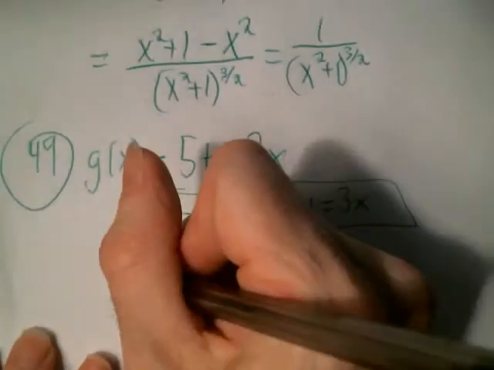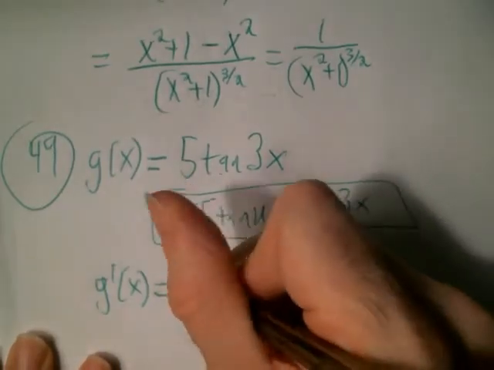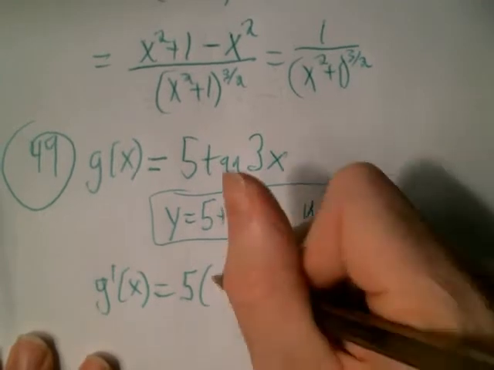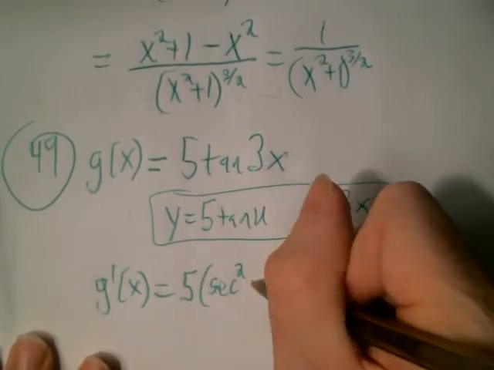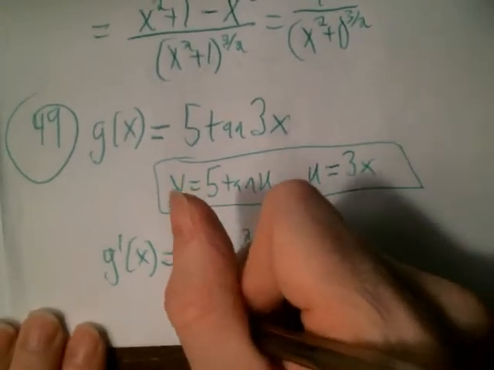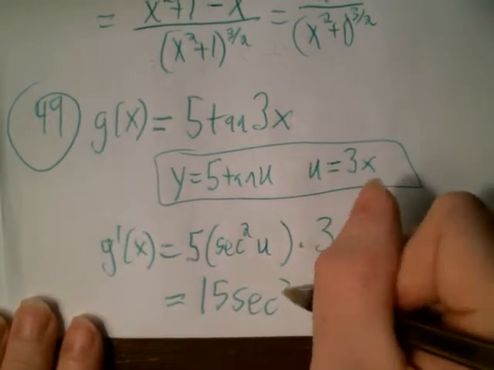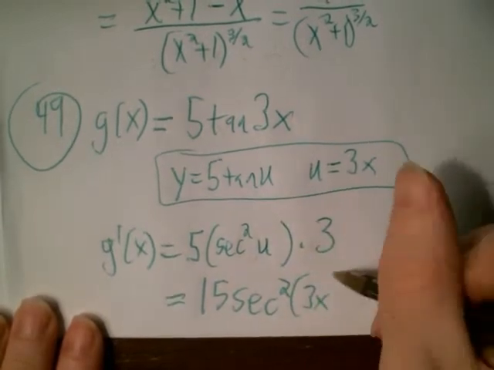So taking the derivative, g prime of x, the derivative of 5 tan u is 5 times the derivative of tan, which is secant squared u, and then times the derivative of u, which is just 3. 5 times 3 is 15, and then we have secant squared of u, and u is 3x.